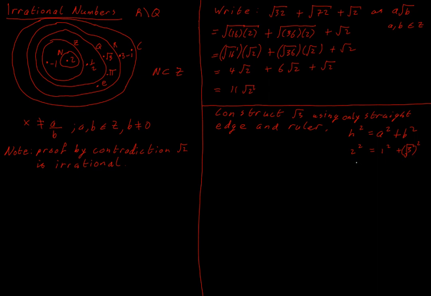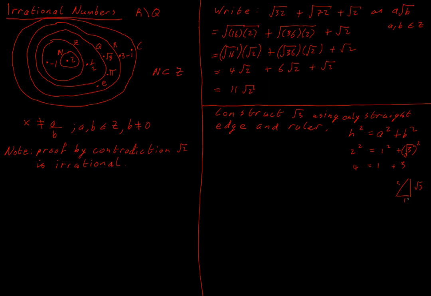So we'd end up with 4 is equal to 1 plus 3, which is true. So we need to construct a right angle triangle with a hypotenuse of 2, one side of 1 and the other side of root 3.